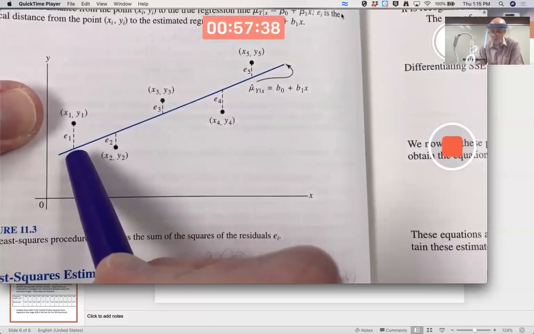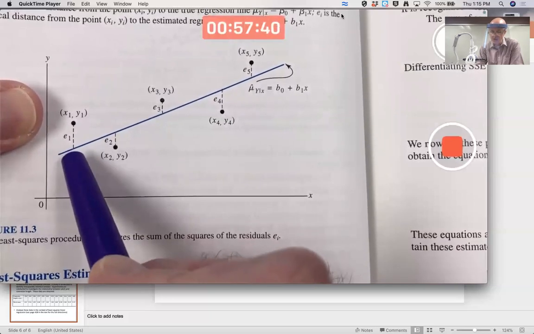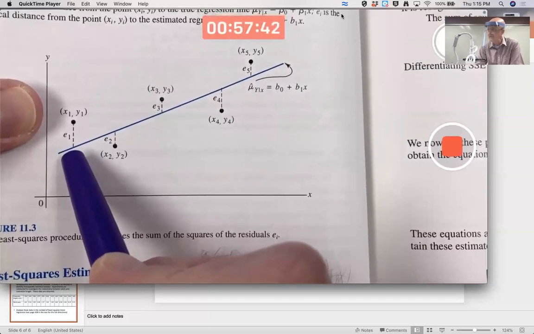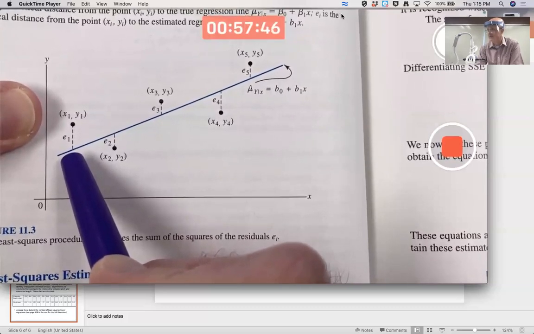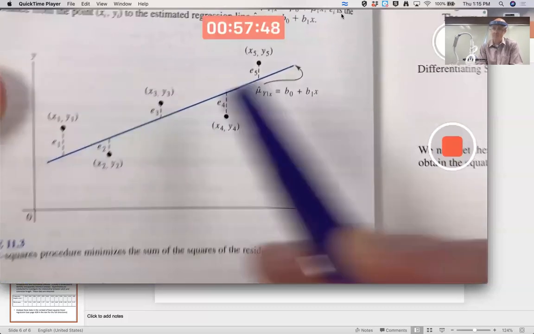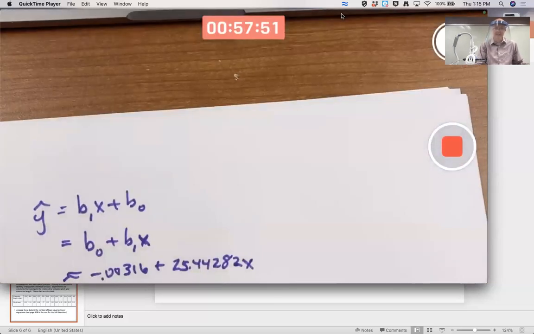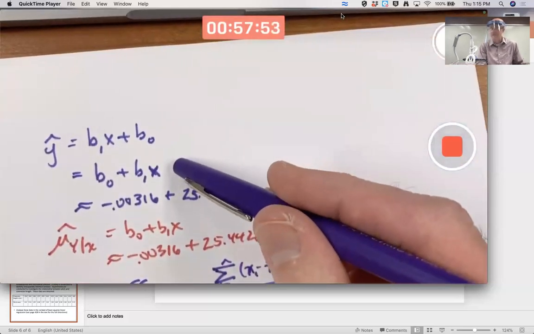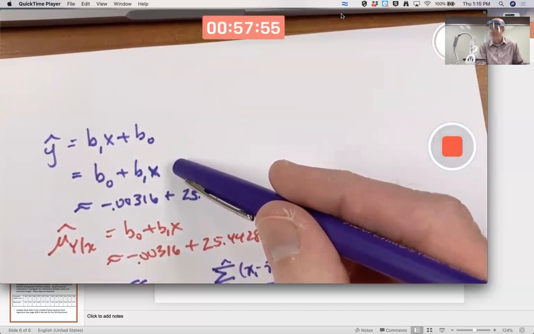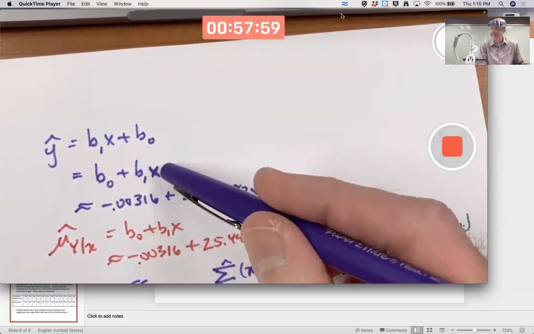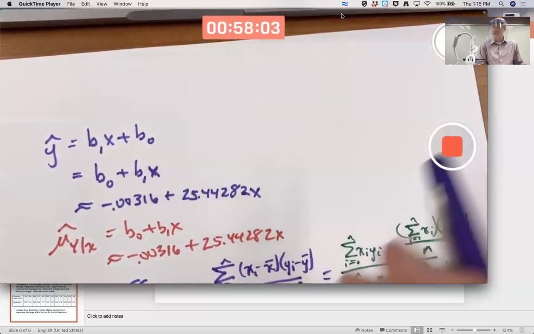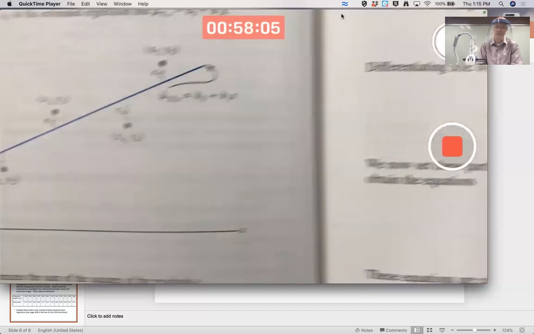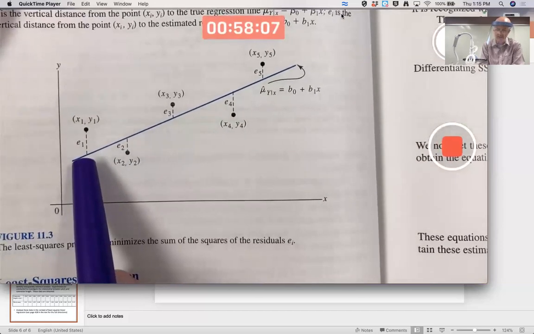But what's the second coordinate of the point on this blue line? If you know the regression line's equation, you can figure it out by plugging x1 into the regression line. b0 plus b1 x is the equation of the regression line. Again, b0 and b1 are not known yet. If you replace x with xi, or if you replace it with x1, you'll get the second coordinate of this point on the blue line.